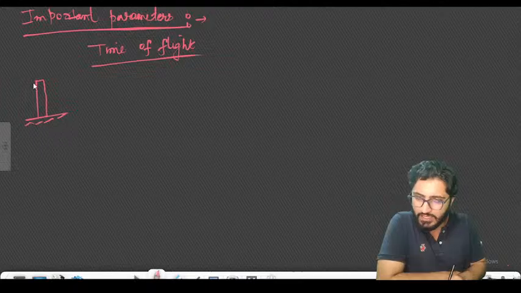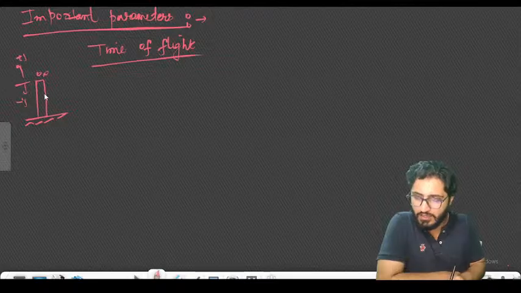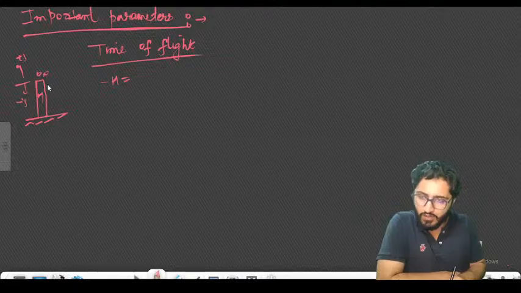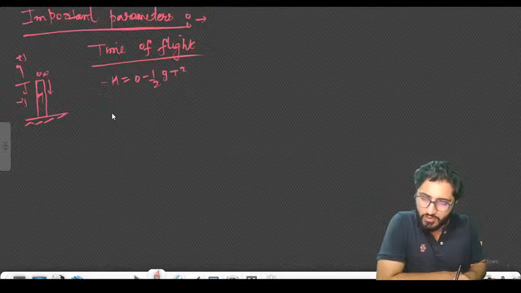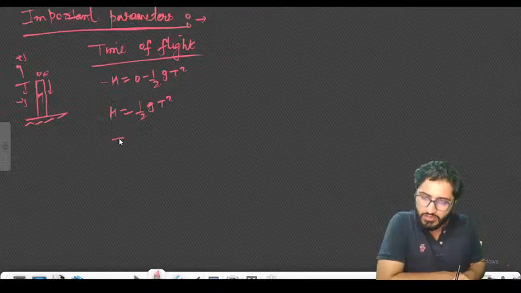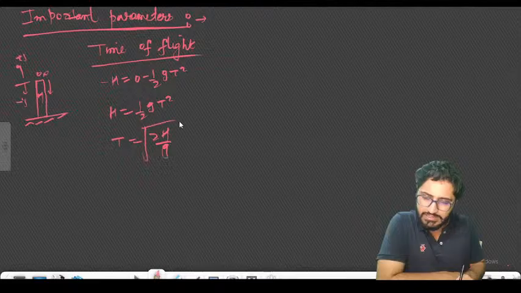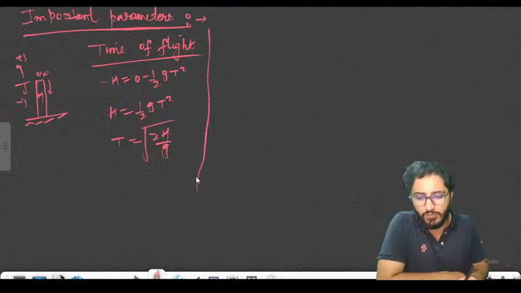Building is this much, an observer is standing here, 0, 0. Downward is minus j, upward is plus j, and height is h. I can write minus h equals initial velocity going down is 0, so 0 minus 1/2 of gt square. So h came out to be 1/2 gt square. So t is equal to root of 2h by g. Same as from the gravity one.